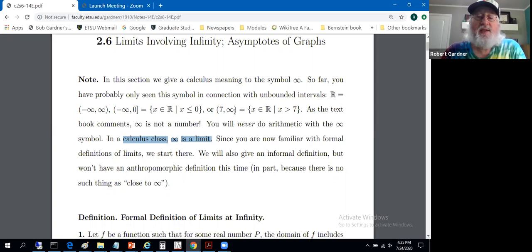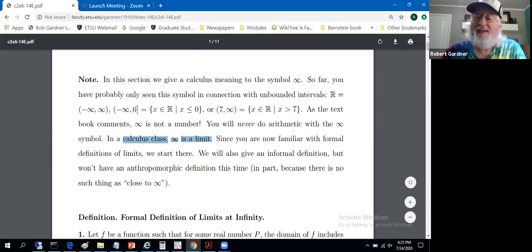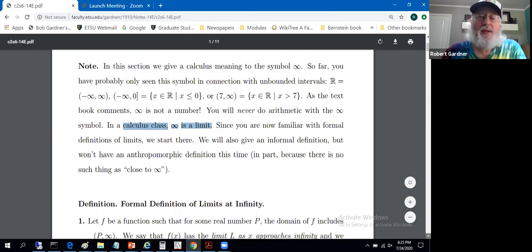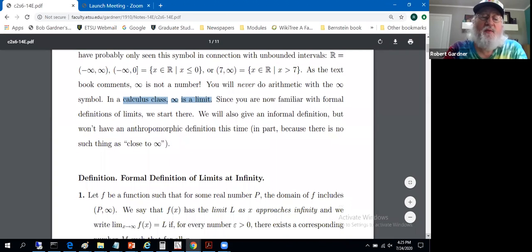So beyond this application in terms of unbounded intervals, we'll see the infinity symbol used to represent limits. And we might talk about infinity minus infinity, indeterminate forms of a limit, but that's a conversation not about arithmetic, but about limits. More of that if we do L'Hopital's rule in Calculus 1.